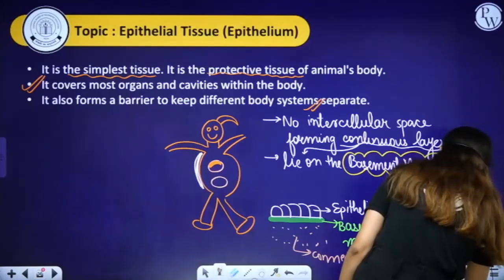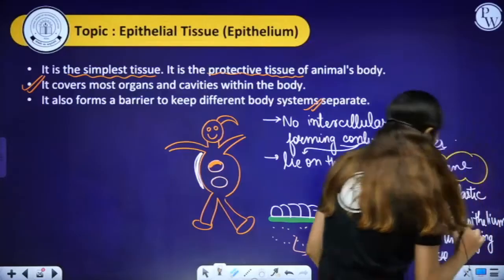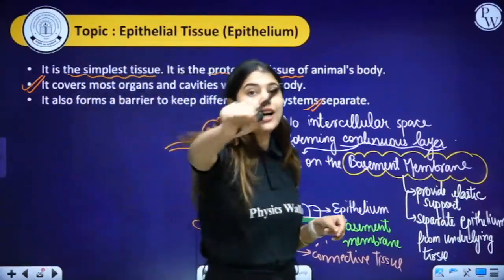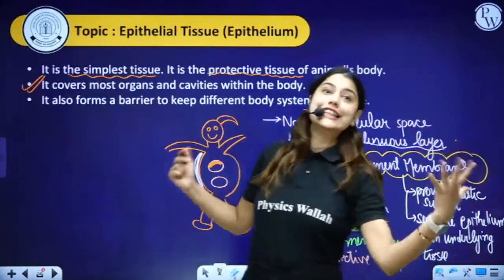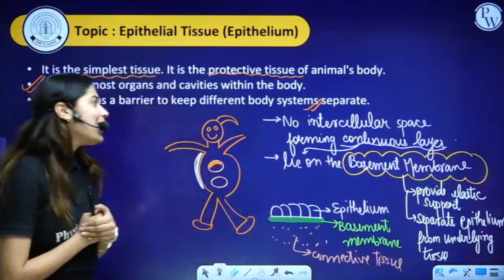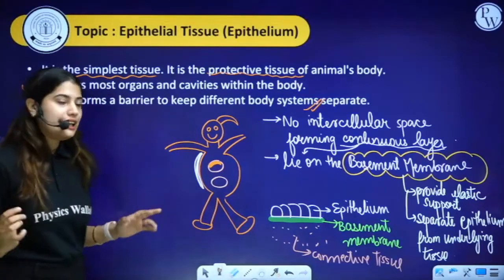Right? I hope it's making sense to each and every one of you sitting here, and you are making notes with me. You're not sitting idly and just listening to me. Please make notes. Okay, so that was about the basic idea of epithelium.